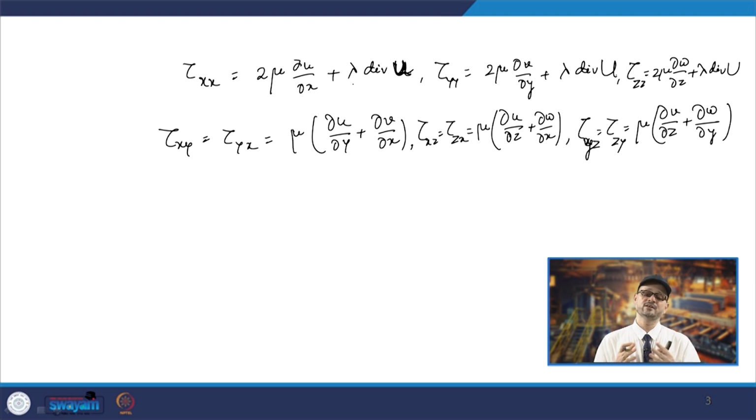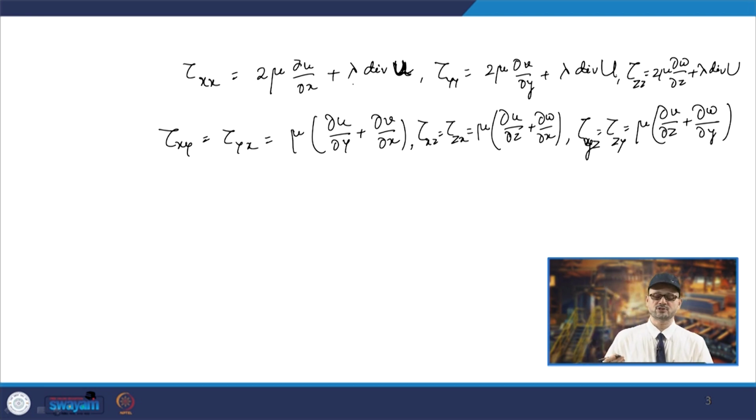Now, for incompressible flows, we know that div u becomes 0, so accordingly you can have many simplifications for incompressible fluids. Once you substitute these values into the x, y or z momentum equations, they will have different forms.